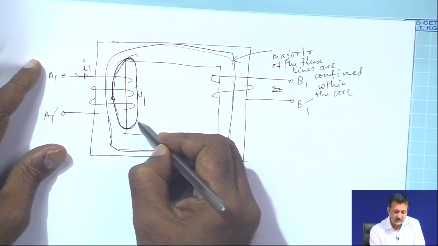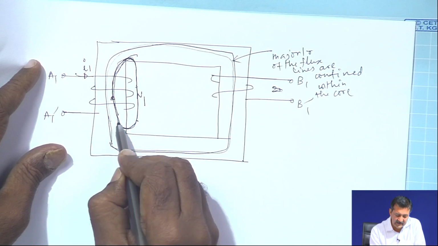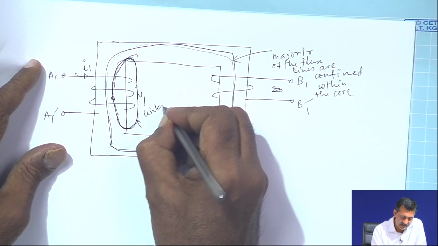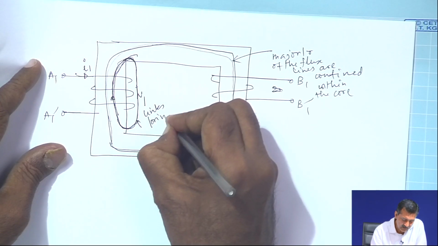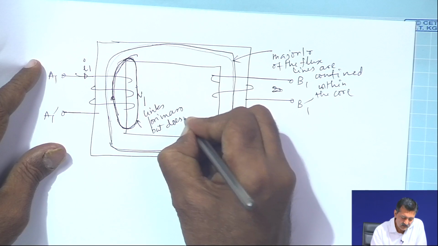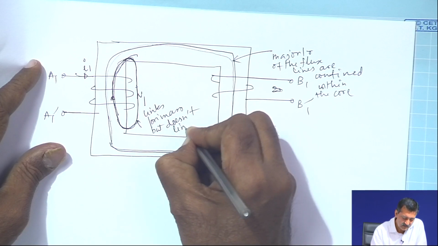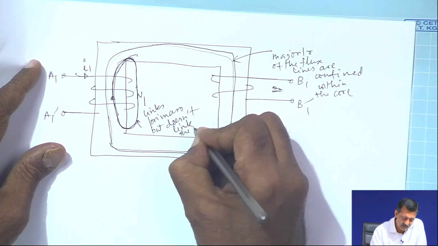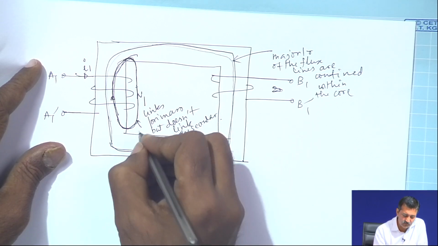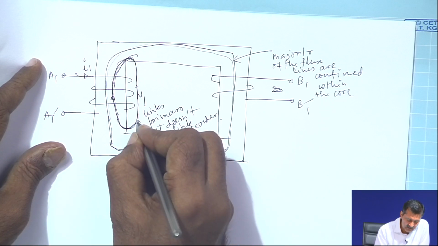So, these flux lines which link the primary but do not link the secondary are called the leakage flux of the primary.